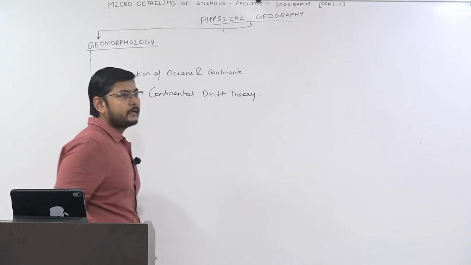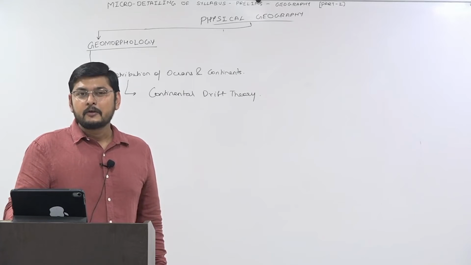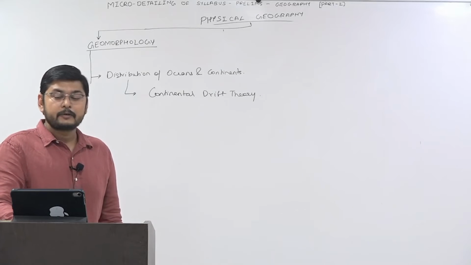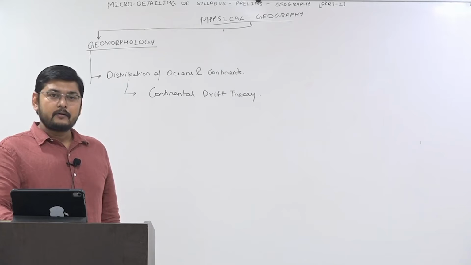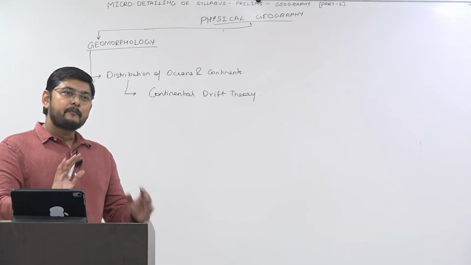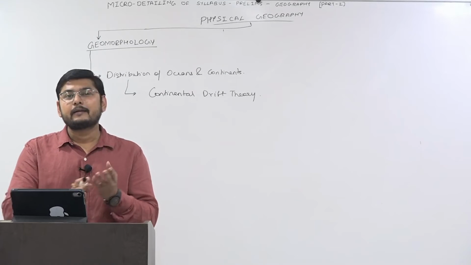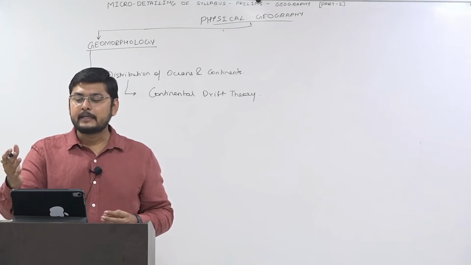In it, we see the formation of continents and oceans: what were the forces, what were the evidences, and how these things have worked for forming a basic theory on which the whole subsequent theories were based.